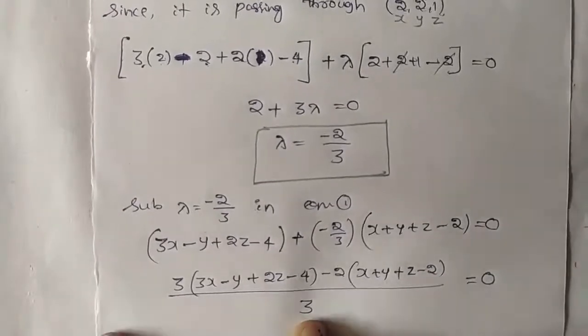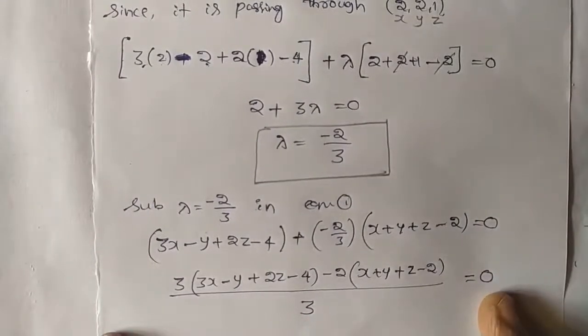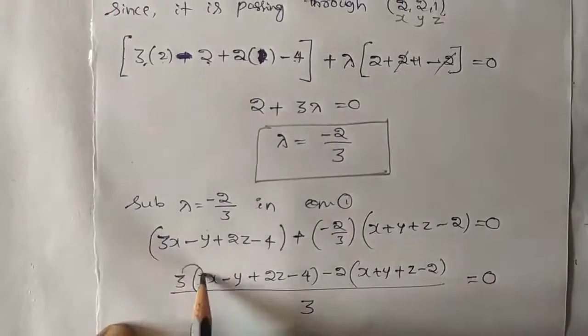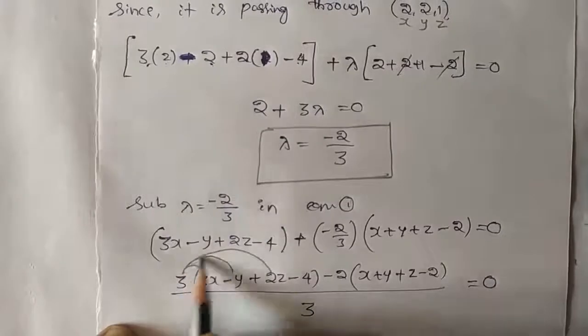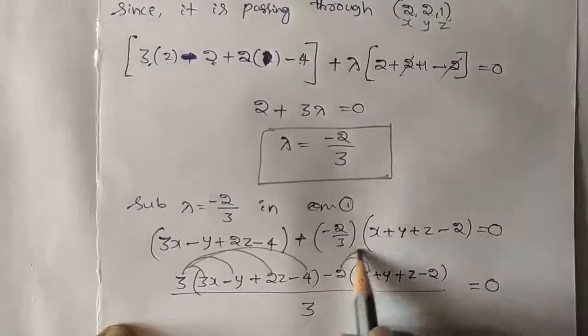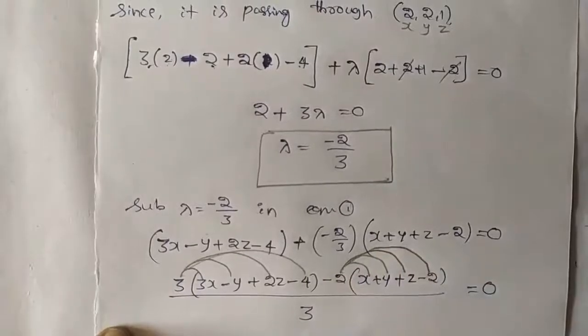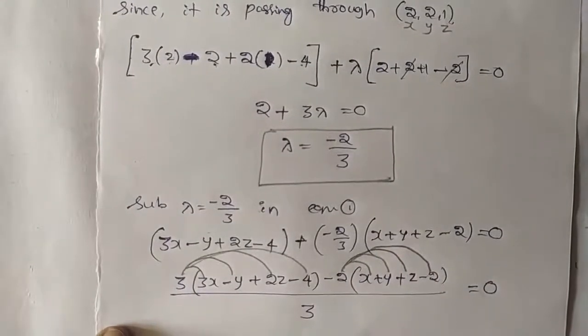Now send this 3 to the right side, then 0 into 3. After that multiply this 3 inside the brackets like this. Next minus 2 into x, minus 2x minus 2y minus 2z plus 4.